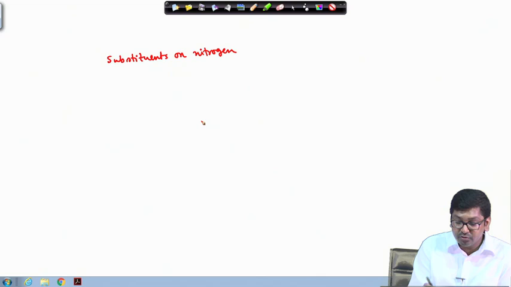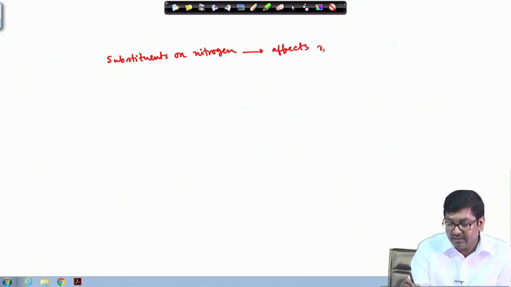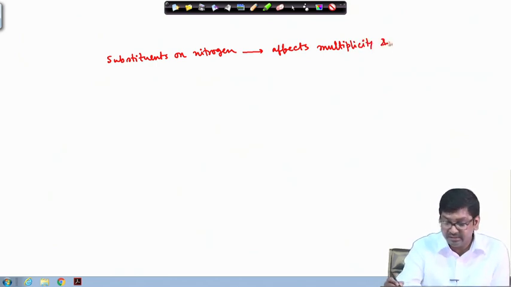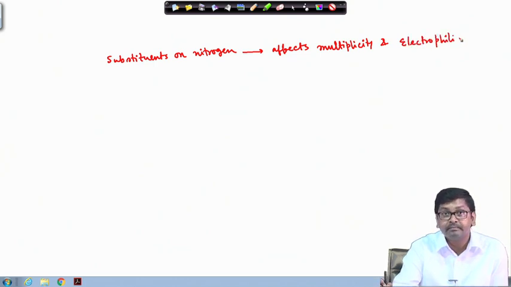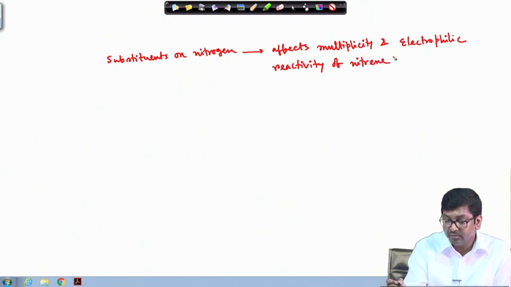Okay. So, if we now put substituents on the nitrogen, what will change? That affects the multiplicity, okay, and obviously the electrophilic reactivity of the nitrene.